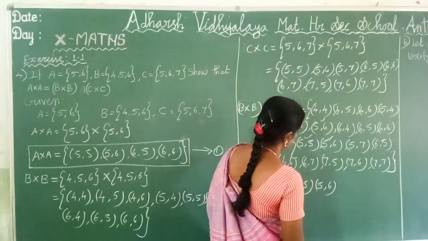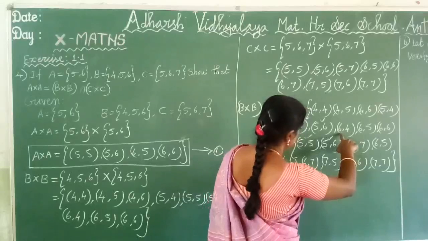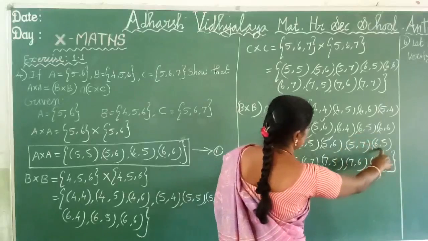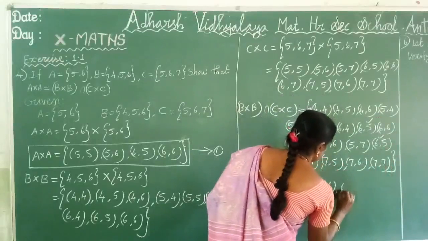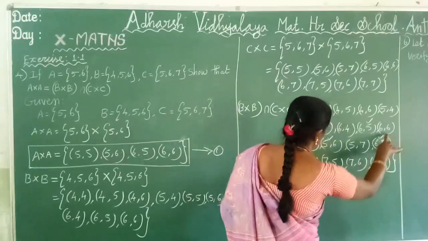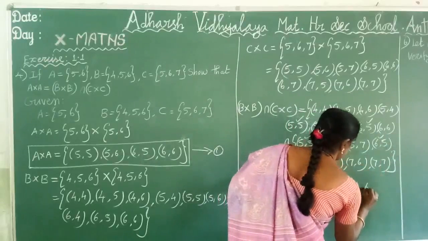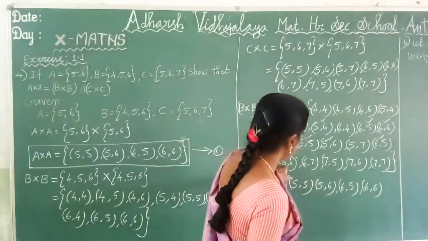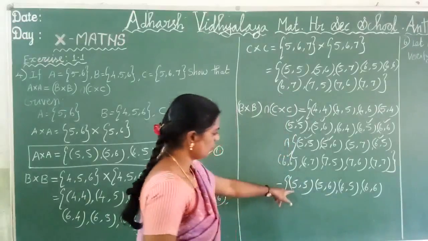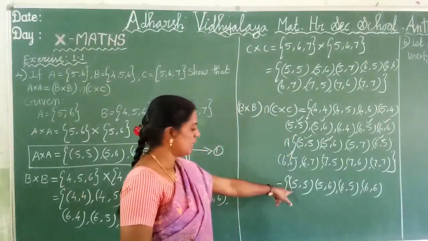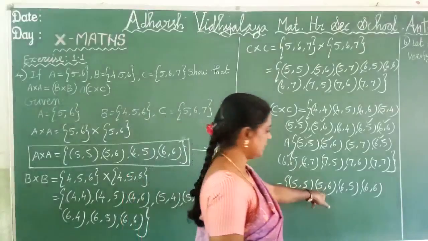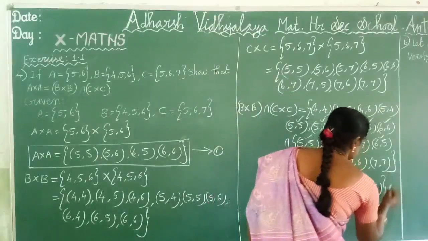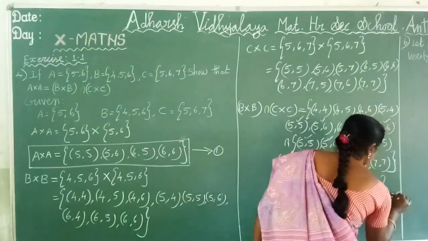Next, the 6 terms. (6, 4): here there is no (6, 4). (6, 5) is there. So (6, 5). Next (6, 6). These are common. Any other common term? No. At last, what we get? (5, 5), (5, 6), (6, 5), (6, 6). So this is the RHS. That is equation number 2.